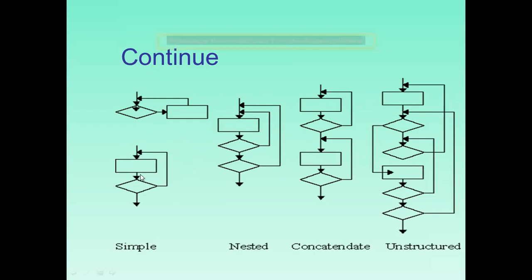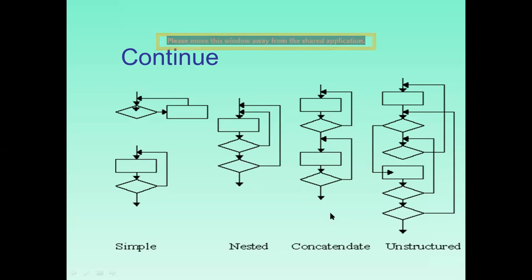Now you can see this structure. This is called the nested loop. Here you can see two decision boxes, and they are connected. Here we are taking a decision, and if it is okay, then again we are going to check another condition. So this is called the nested loop.